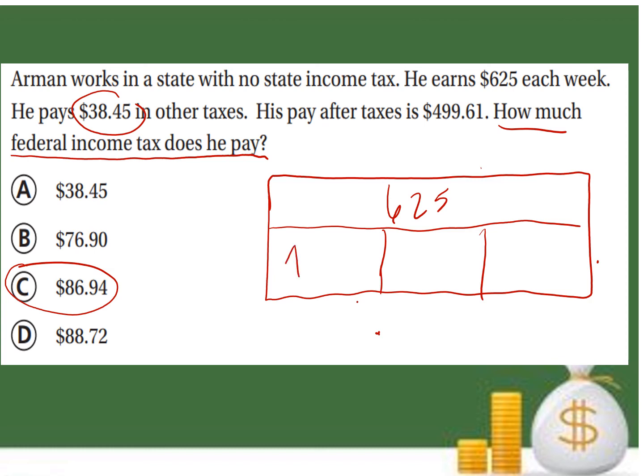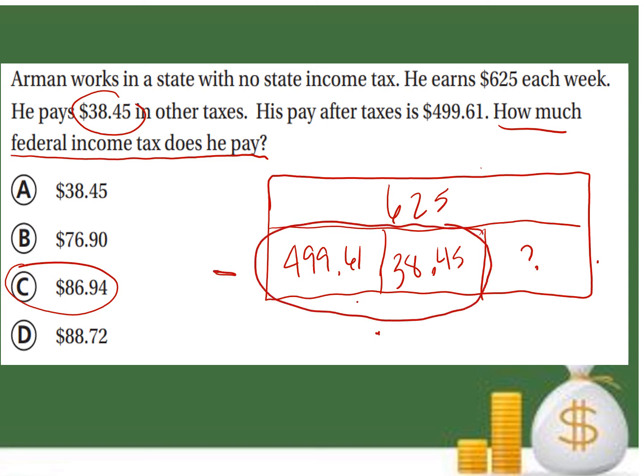One piece is $499.61. One piece was $38.45. How do I find the missing piece? We take these 2 pieces, add them up, subtract them from the total, and that gives us the missing piece. So the missing piece here is $86.94. All right?